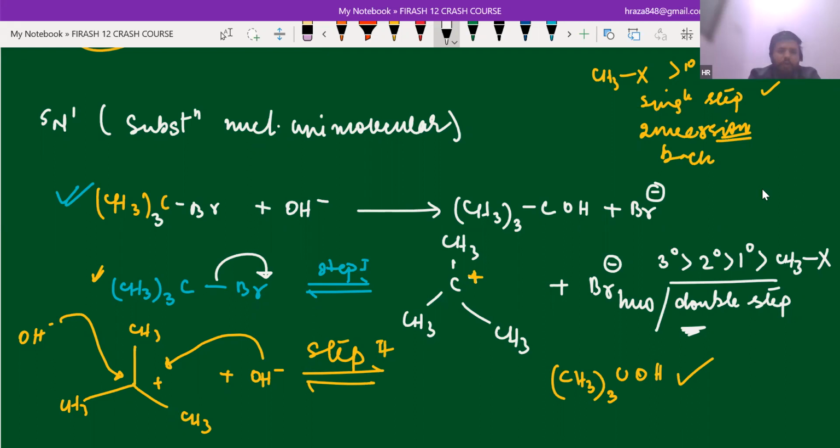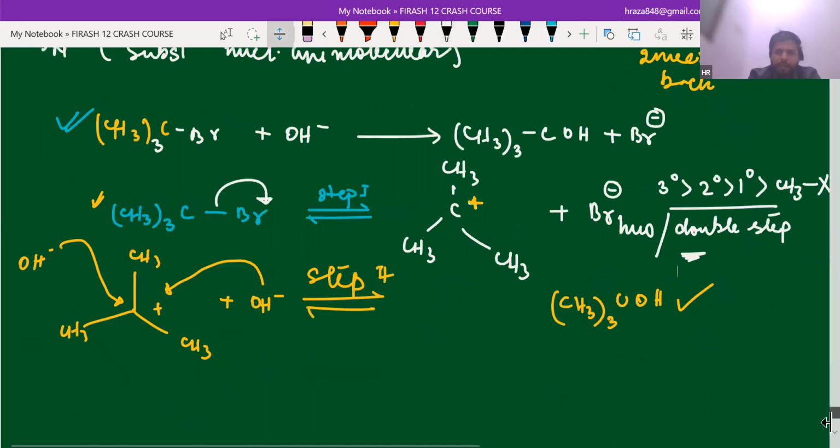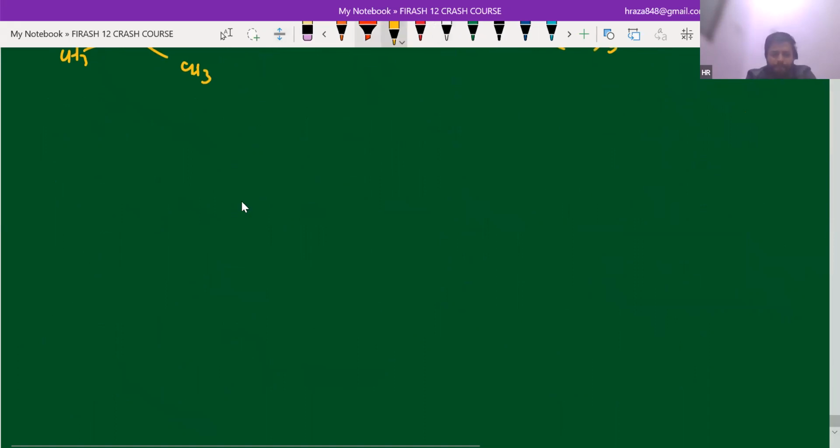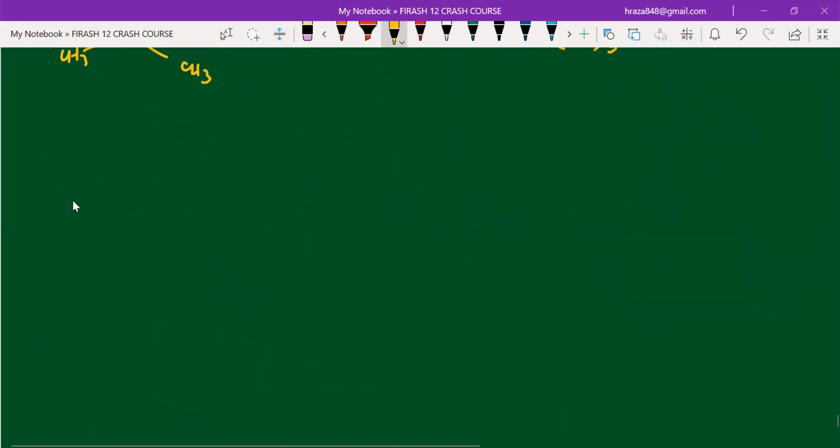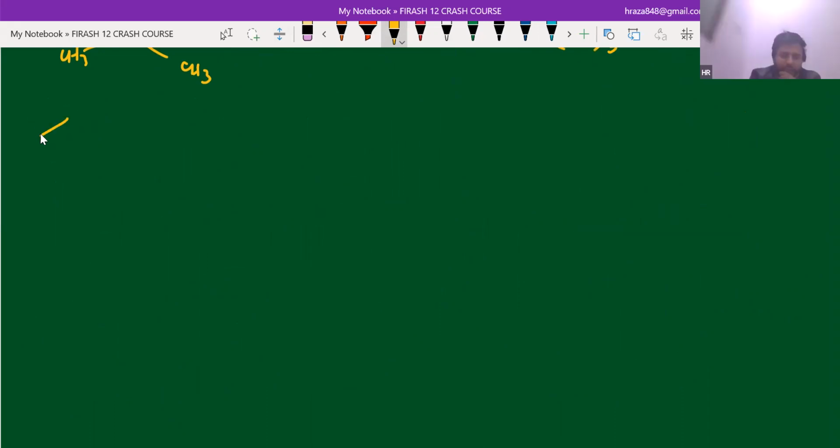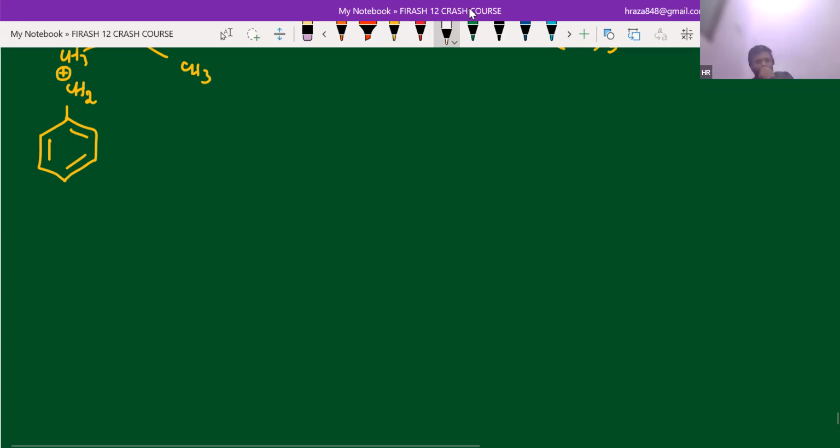Do you know how to do the resonance? Can you write the resonating structure? Not electrophilic substitution, a resonating structure of this compound. I'm going to show you. Can you write the resonating structure of this?